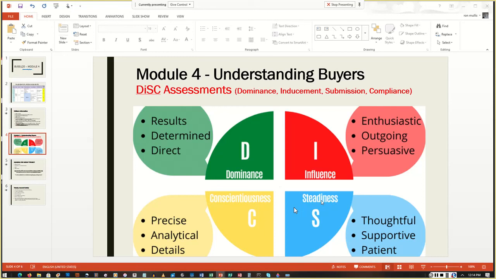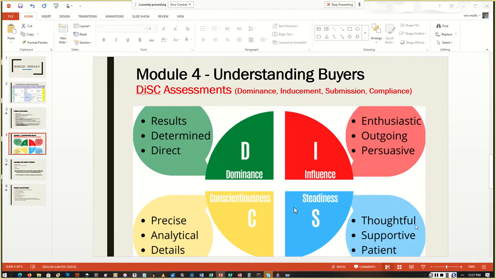The conscientiousness quadrant looks at how analytical a person is, particularly when it comes to their attention to detail or their appreciation for things being in order. Now myself, I'm more of a steadiness. I wouldn't say I'm very patient, but I'm patient, and I'm very cool and calm when faced with a lot of different adverse situations.